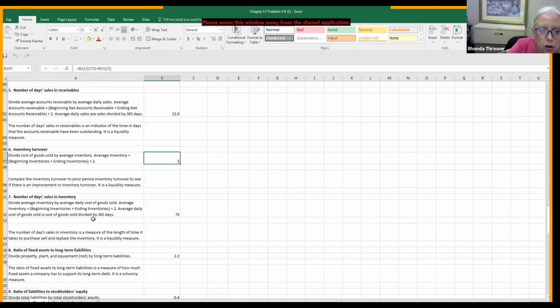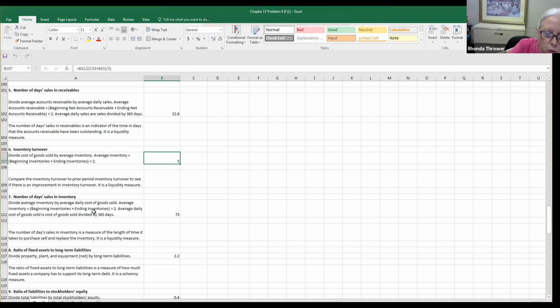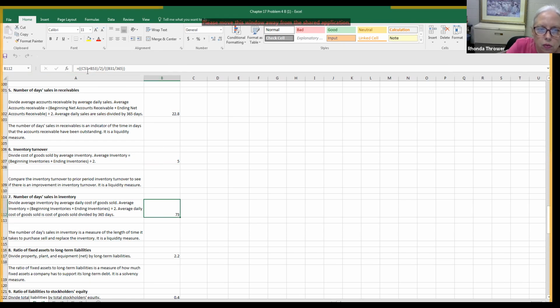Once we know the average daily cost of goods sold, we will divide that into the average inventory, and that will give you 73 times.